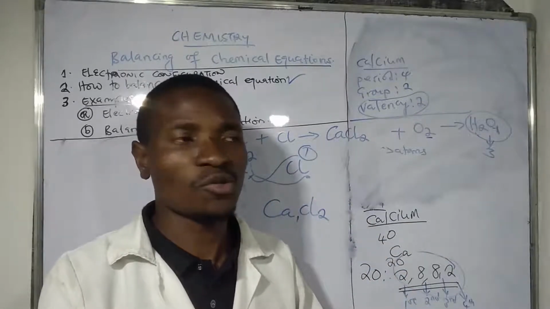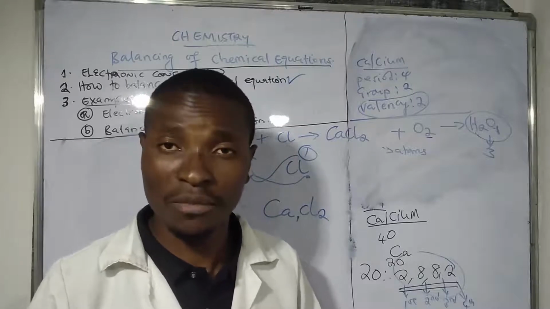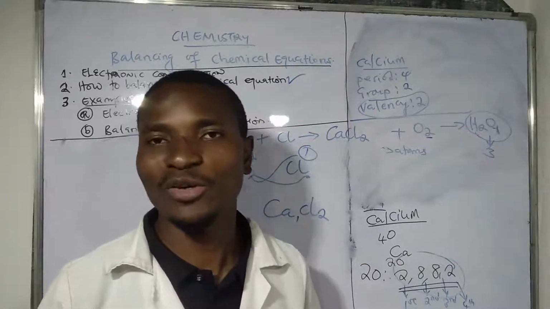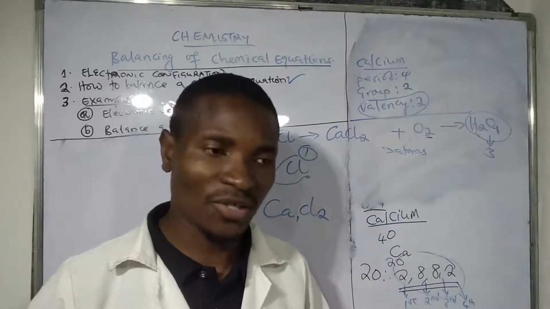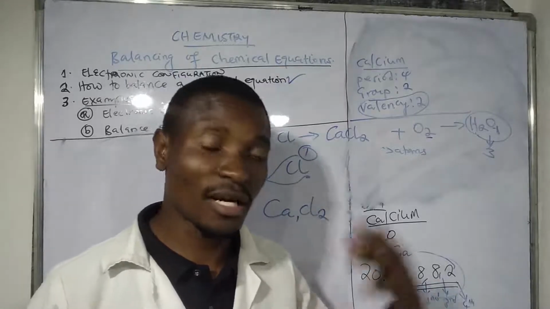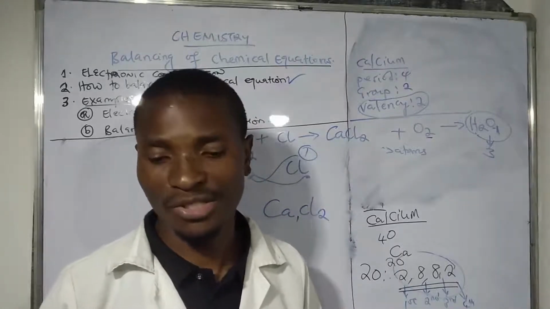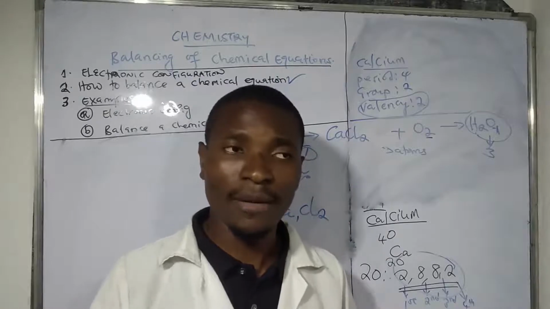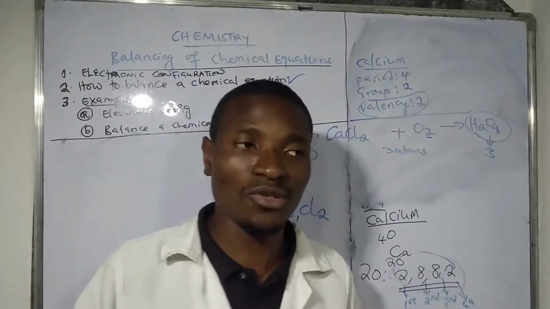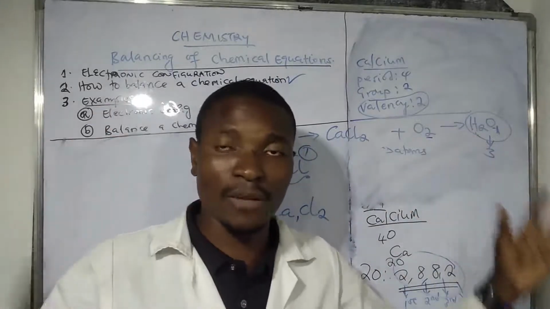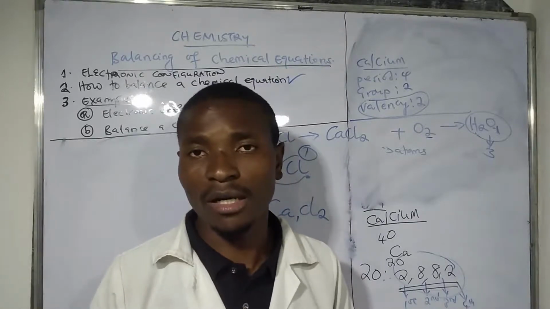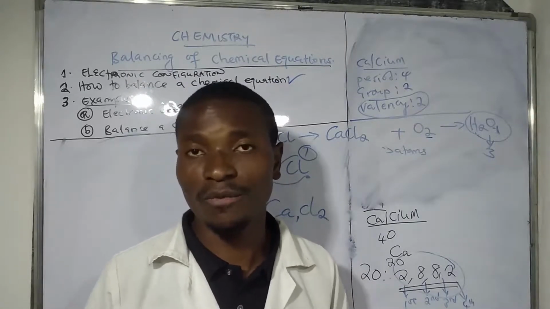Once you understand electronic configuration, it becomes so simple to balance a chemical reaction. So now, in conclusion, let's see how we can balance a chemical equation. I'll use a simple equation, but I'll also release other videos talking about more complex equations and how to balance them.